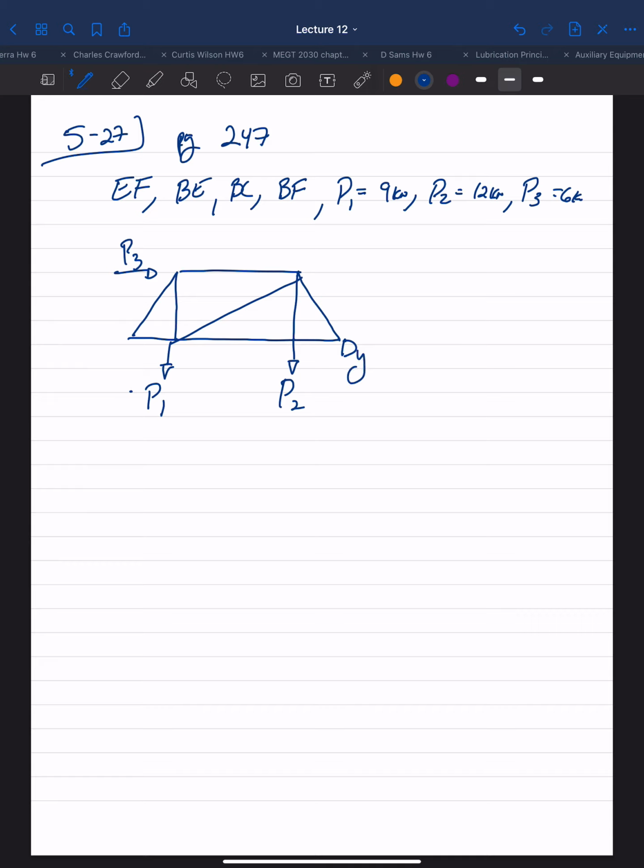D is just a dy component. It's free to move in the x direction. A is a pin.